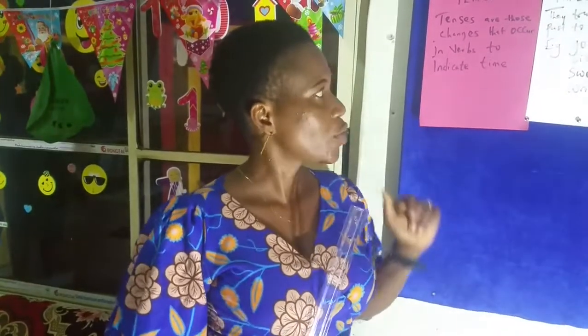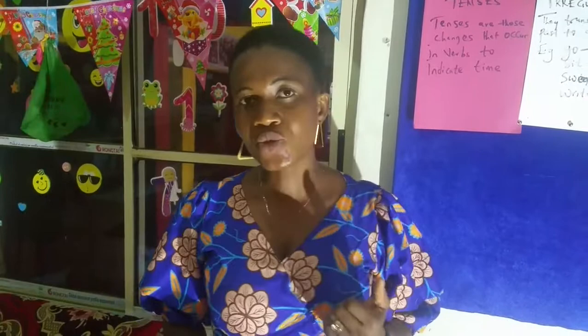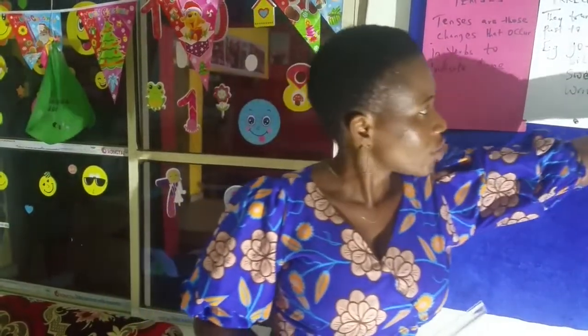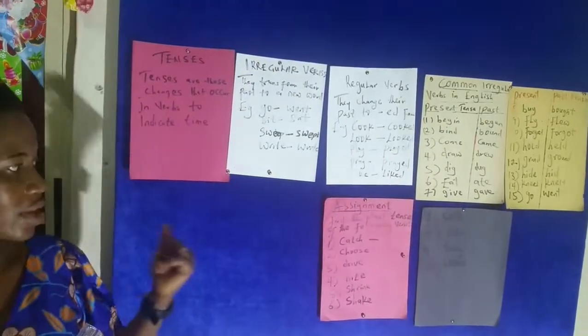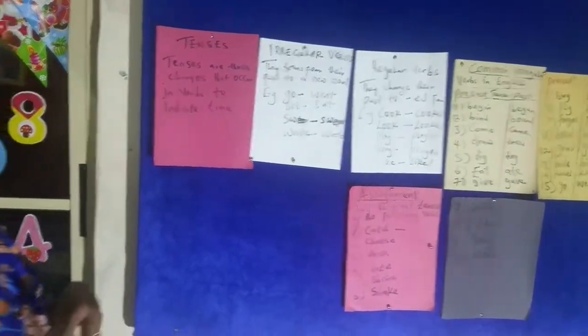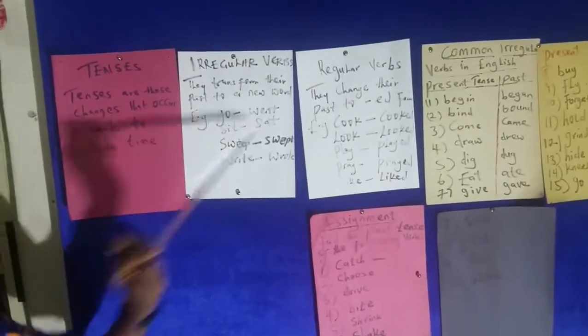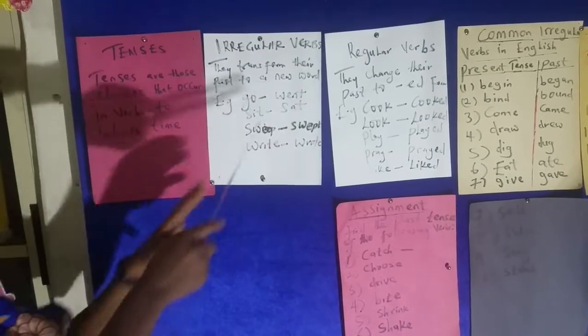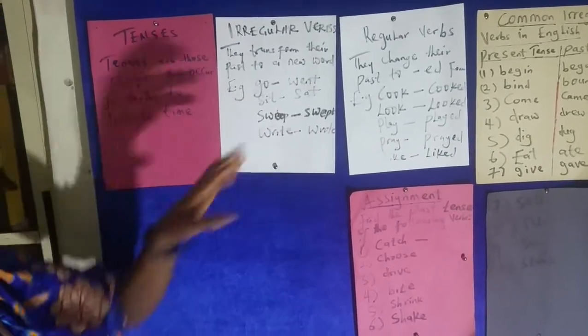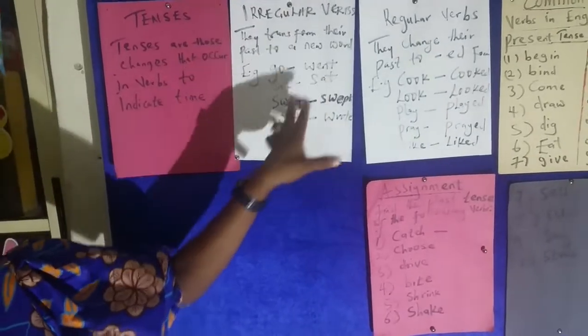So in English, we have regular and irregular verbs. Regular verbs are transformed to ed form, while irregular verbs transform to a new word, as you can see. So when you are trying to say something that happened in the past, you will use a verb that will match it. For example, she goes to work every day. She went to work yesterday. She sits on my seat regularly.